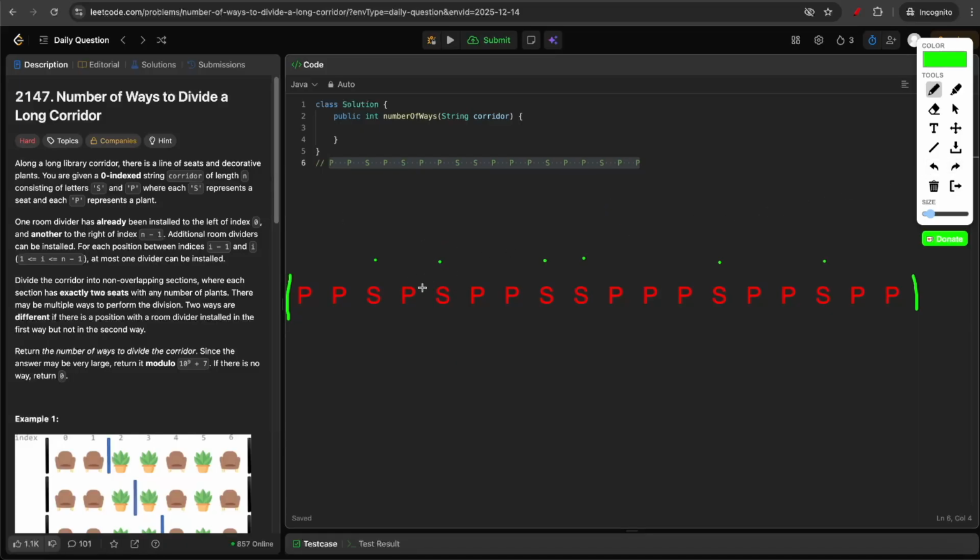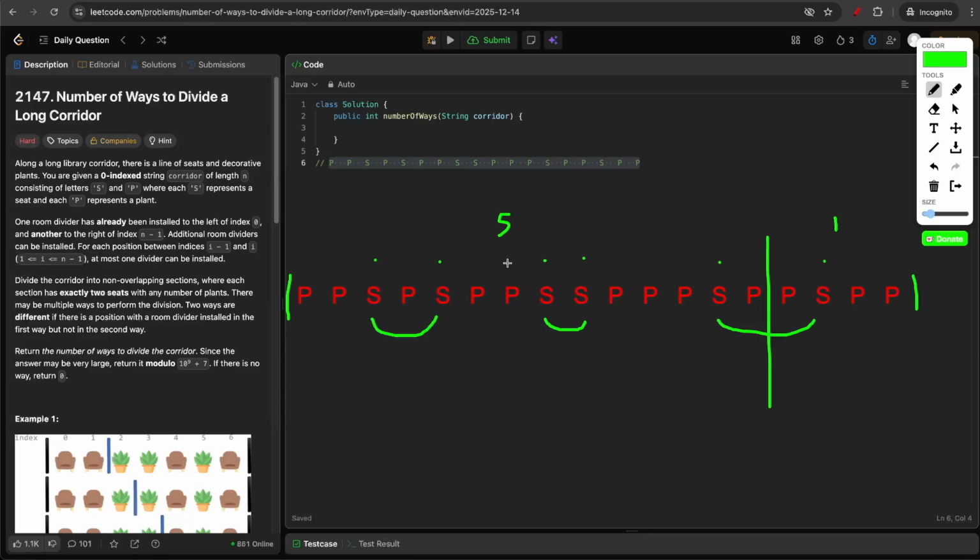Similarly, these two are an adjacent pair of seats, these two are an adjacent pair of seats, and these two are an adjacent pair of seats. What I mean to say is, you can never place a divider in between any two adjacent seats. Again, if I try to place a divider here, then on the right side you'll have one seat, and on the left side you'll have 5 seats.